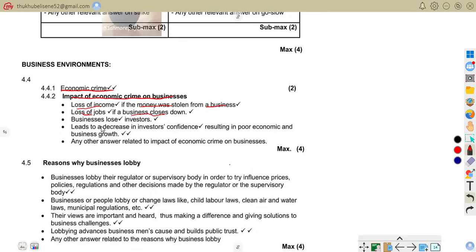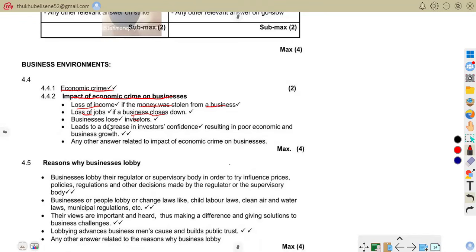So it means the business may close or downsize due to financial loss. Business loses investors.